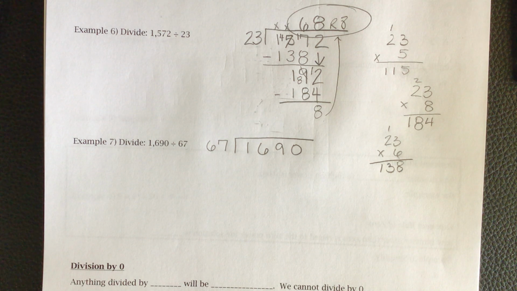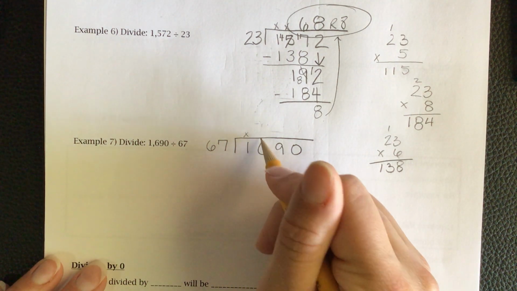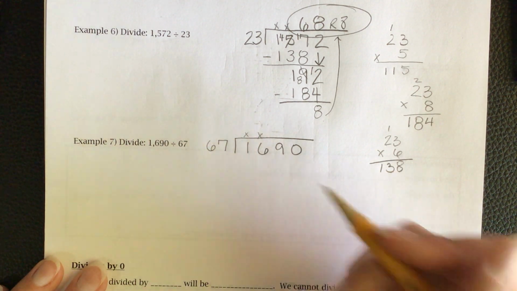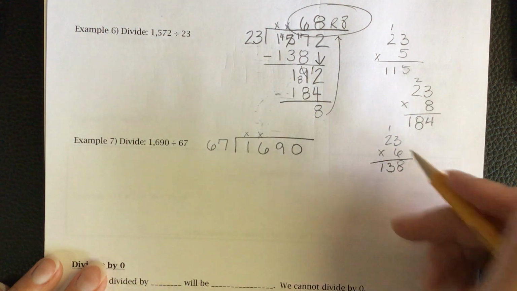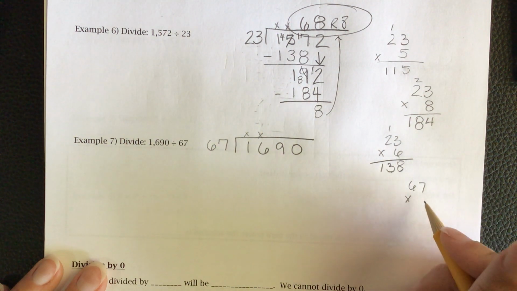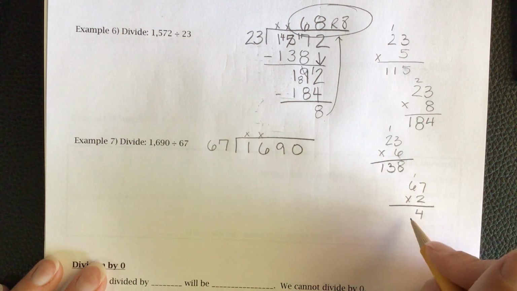When we're looking at this problem, we're going to be thinking about how many times 67 goes into 1, 67 does not go into 16, but 67 does go into 169, and we need to figure out how many times. So we'll do our scrap math again. 67 times, pick a number. Let's start with 2. 2 times 7 is 14. 6 times 2 is 12, plus 1 is 13.